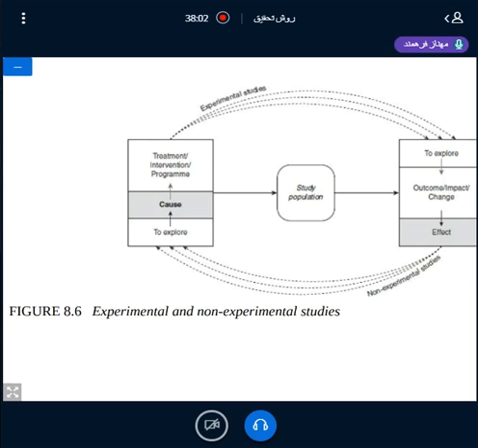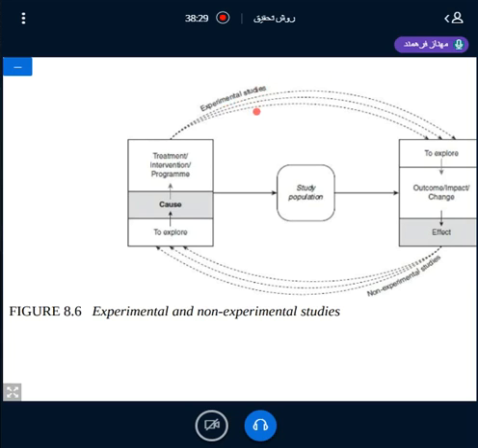Experimental and non-experimental studies. You can see here the cause. First, we study the cause to explore the cause, for example, treatment, intervention, program.